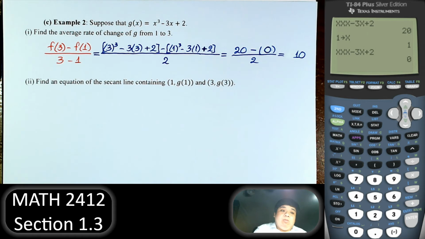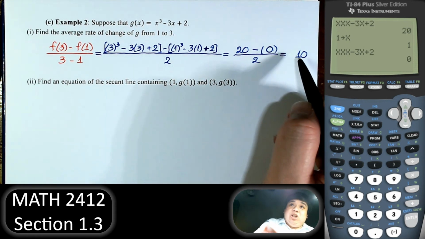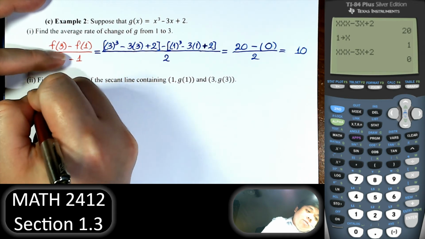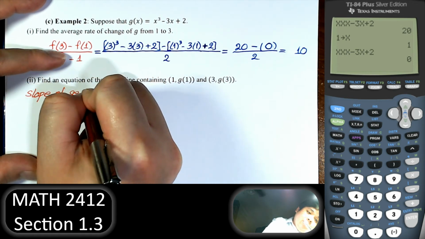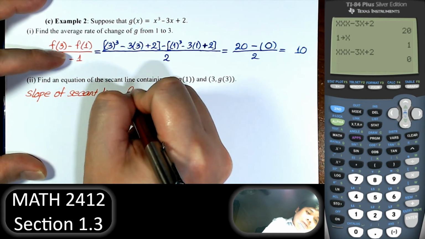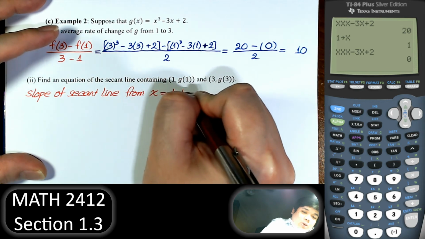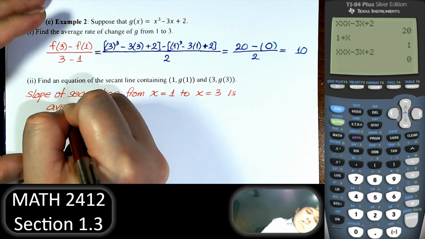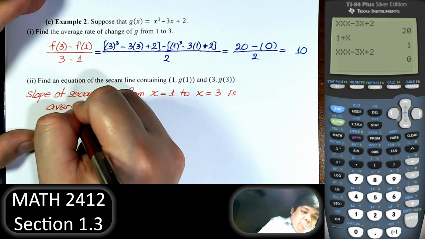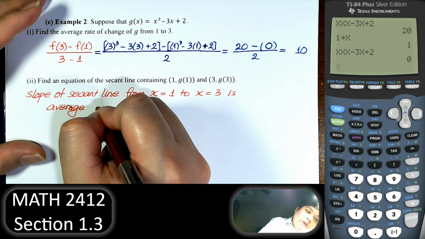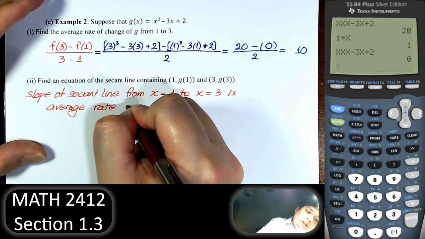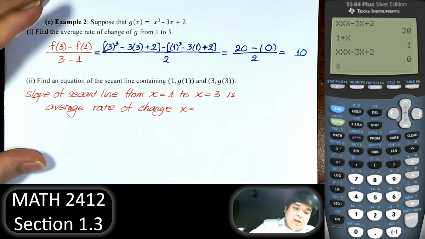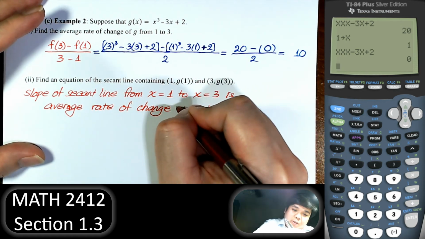Right, so that is the average rate of change from 1 to 3. And that is also equal to the slope of the secant line from those 2 points. So first thing we said, the slope of the secant line from x equal to 1 to x equal to 3 is the average rate of change.